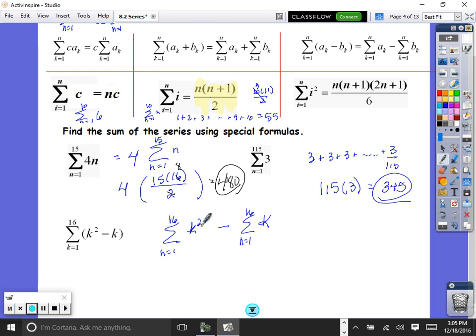So this says, right here is the rule, n, which is 16, times 1 more than 16, which would be 17, times 2 times 16, which would be 32, plus 1 would be 33, all divided by 6, minus 16 times 17 divided by 2.